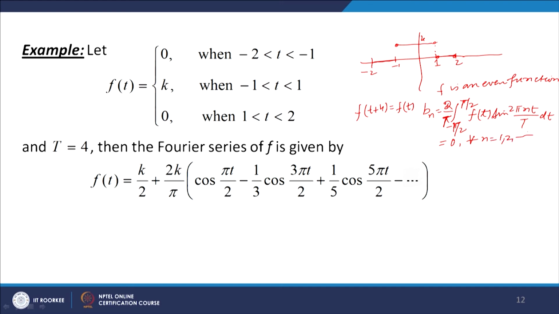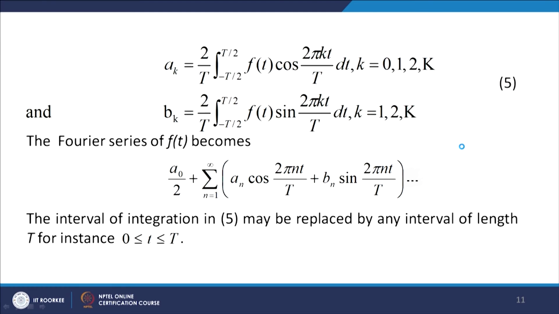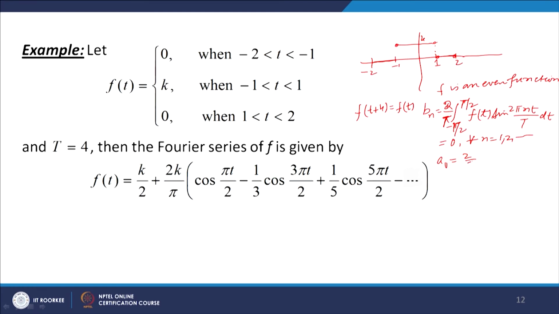So, we need to calculate only a naught and an. A naught equals 2 over T integral from minus T by 2 to T by 2 of f(t) dt. So, T is equal to 4. So, 2 over 4 integral from minus 2 to 2 of f(t) dt.